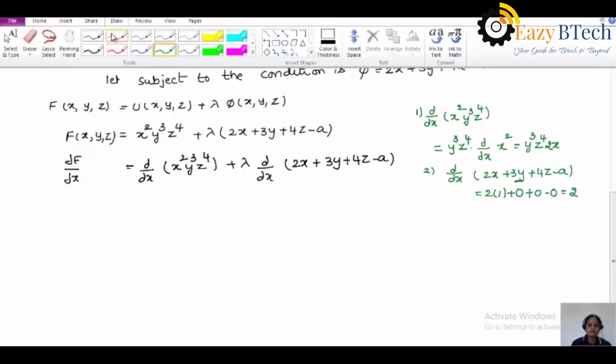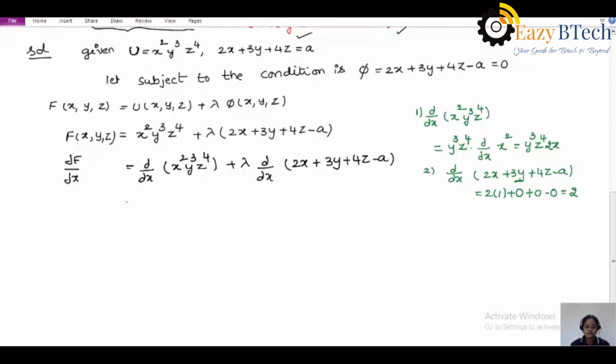Substitute these two values here. Then the first function, first term differentiation with respect to x is 2x y cubed z power 4, and plus lambda into 2. This is the value of ∂f/∂x. According to our Lagrange's multiplier condition, after finding partial differentiating of the terms, we have to equate each partial differentiation individually to 0.